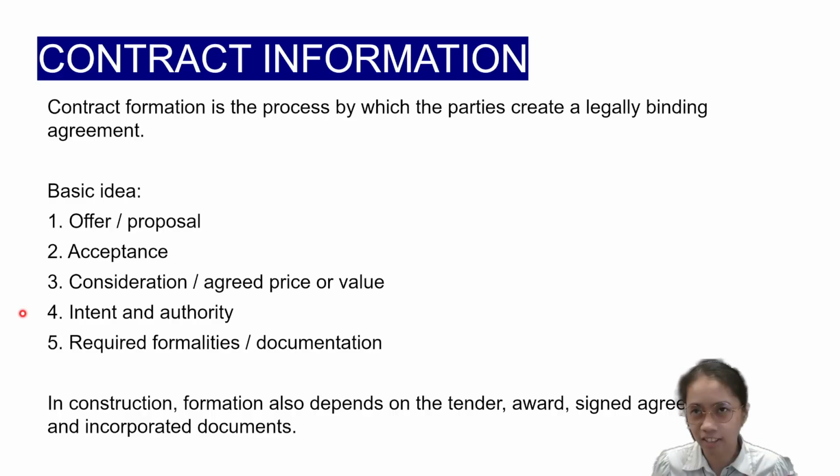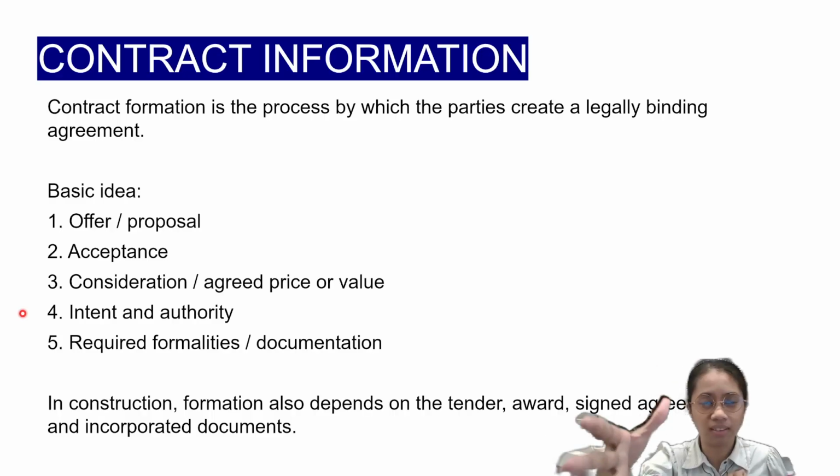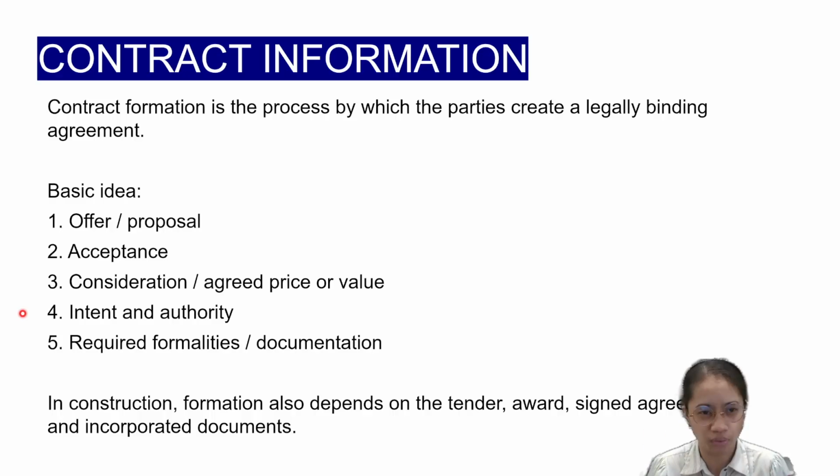Your intent to the other party should be in good faith. And lastly is required formalities and documentation. As we discussed a while ago, those details are required as part of your contract and guidance in case something happens in the future.